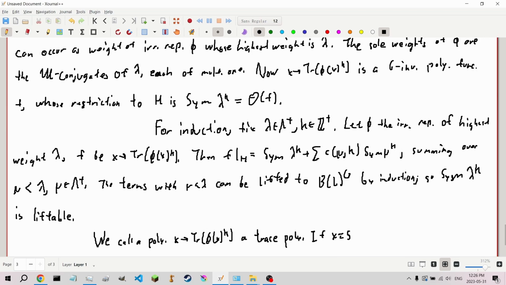Write x as xs plus xn, the Jordan decomposition of x.